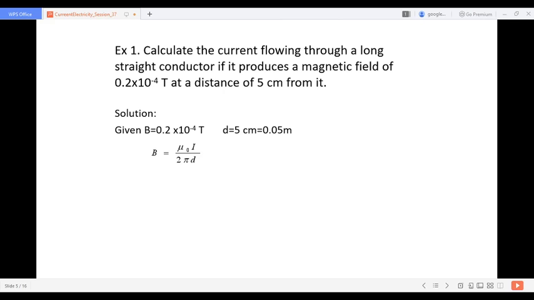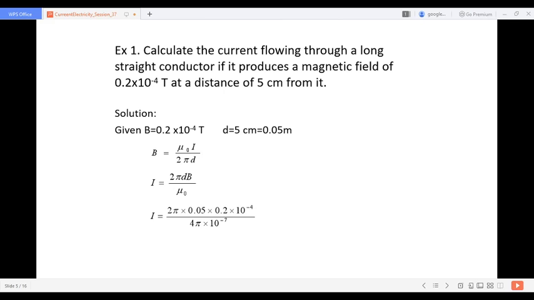Formula for the magnetic field produced by a long straight conductor is mu naught I divided by 2 pi d. Let us rearrange this formula for I, which can be written as I equal to 2 pi d B divided by mu naught.